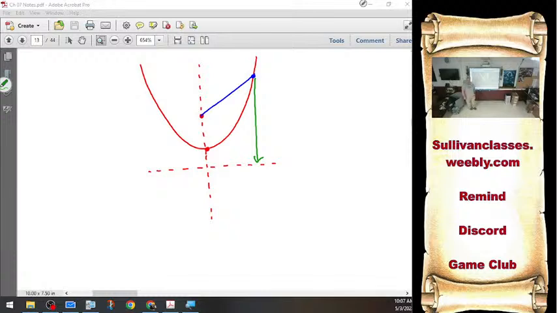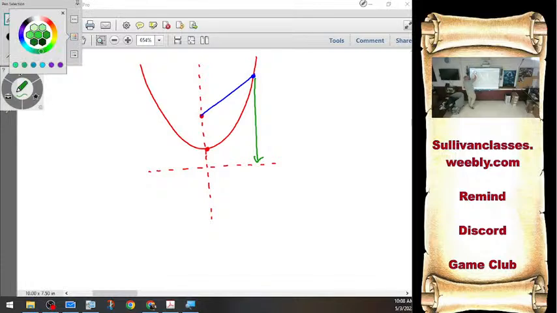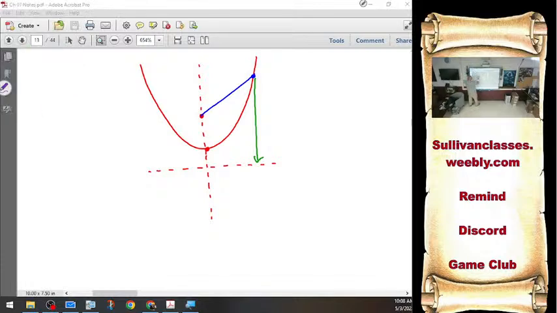But it turns out it can also be used a different way. It can also be used to go back along my axis of symmetry to find this nameless wonder. It doesn't even have a name. It's just a point.